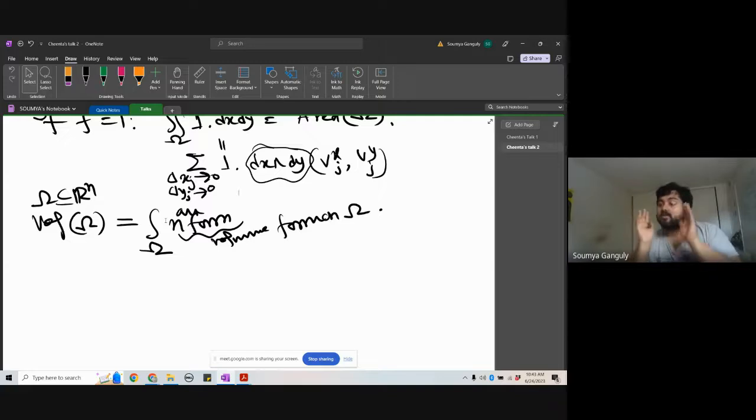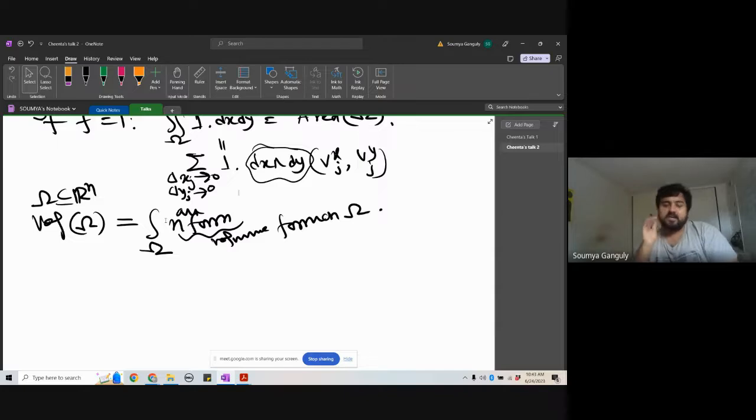So all these things can be done on a manifold. Just think of the manifold locally, and you can integrate an n form on a manifold to get some sort of volume of the manifold. It might be infinite, depending on the cases. Now we know how to calculate volume on a manifold.